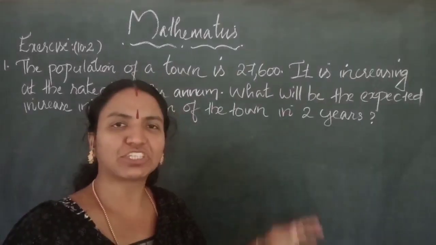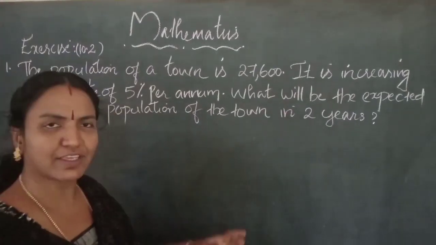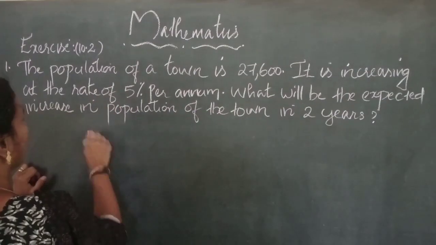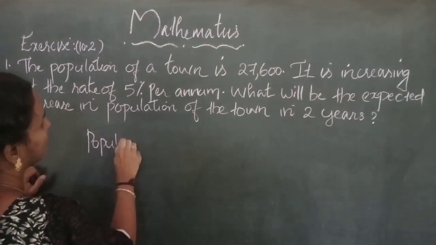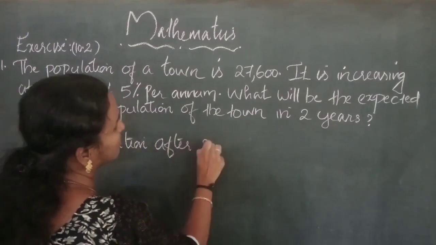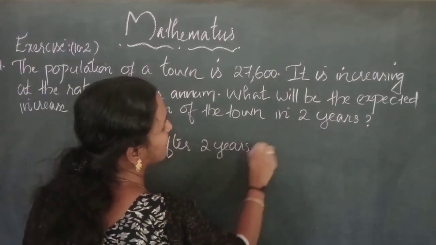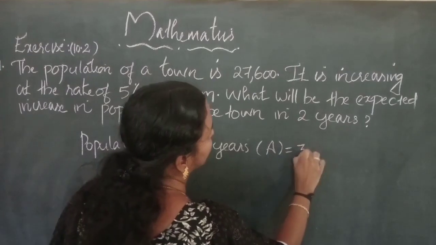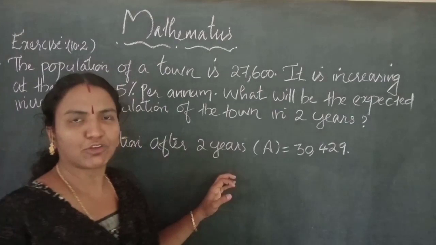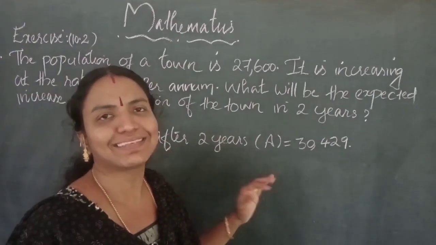So population after 2 years, A, is equal to 30,429. Next, we have to find the expected increase in population.